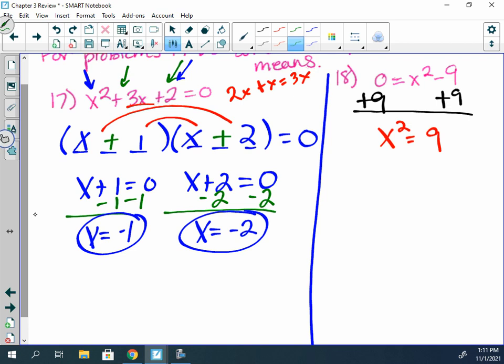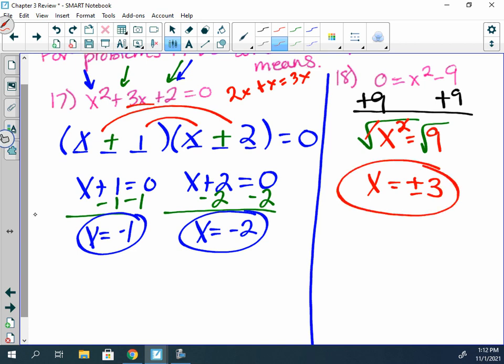Then we would square root both sides, and the square root and square with x would simplify out, leaving us with just x is equal to plus or minus 3. Because whenever we take the square root of both sides, we need the plus or minus.